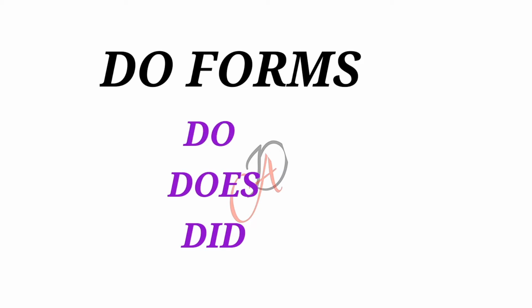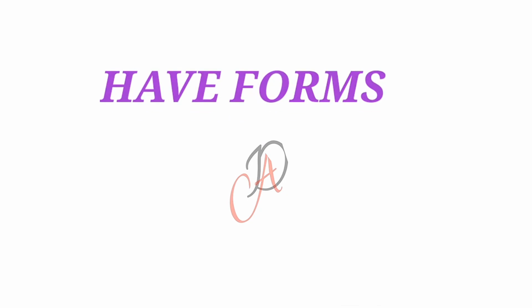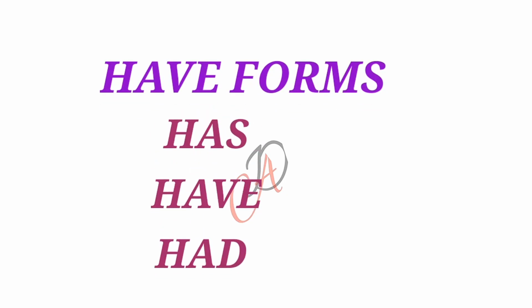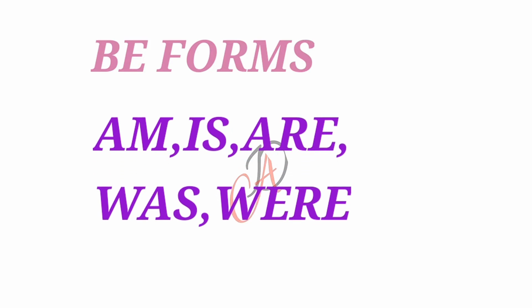The first category is to do verbs, and in this category we have three helping verbs: do, does, did. In the to have category, we have three more helping verbs: has, have, had. And the last one, in the to be category, we have the helping verbs is, am, are, was, were. There are two more be forms, been and being. We'll discuss them in the later part of the video.